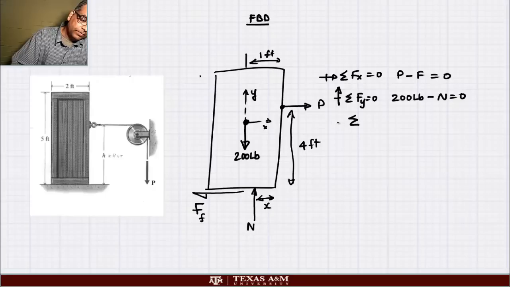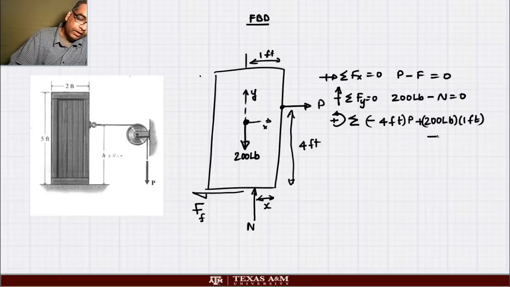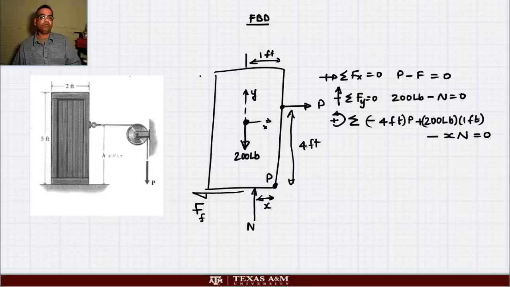Sum of all the moments, this way positive, gives me minus 4 feet times P plus 200 pounds times 1 foot minus x times N equal to 0. I'm taking moments around the point P. Okay, of course, if you take the moments around this point, nothing wrong. You can just take moments around whichever point you like.